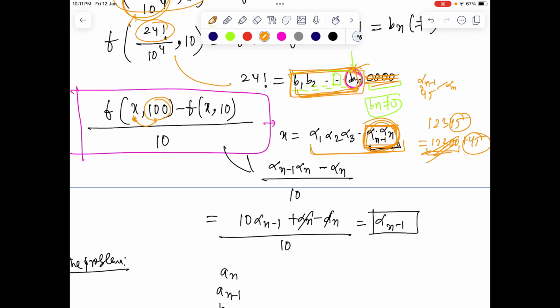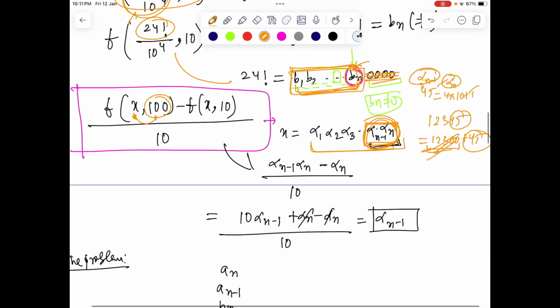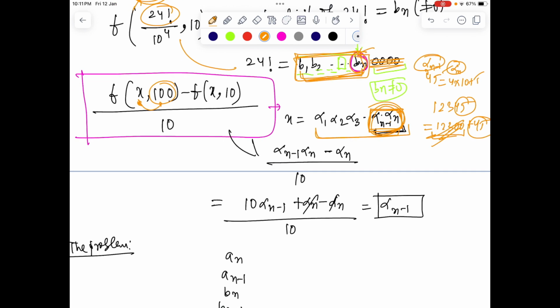Like 45, I'm writing as alpha n minus 1 is 4 and alpha n is 5, which is basically 45, which means 4 into 10 plus 5. So 10 times this plus this one. I hope it's clear. So with remainder, we get the last 2 digits; minus the remainder with 10, which gives just the last digit, divided by 10. Now don't make the mistake of taking alpha n common and alpha n minus 1.